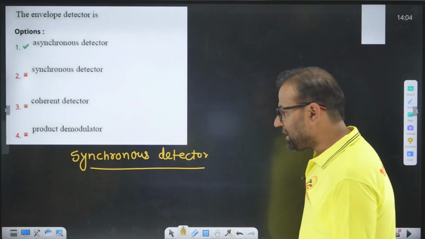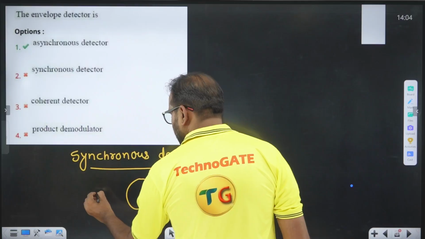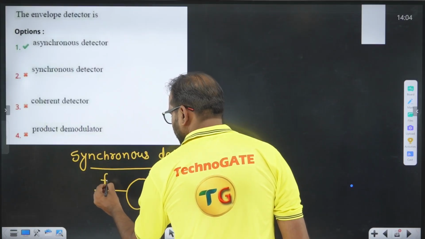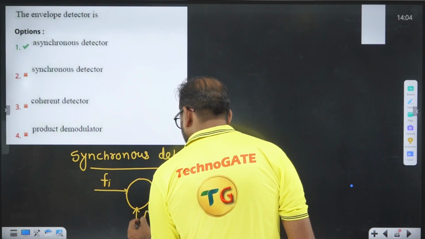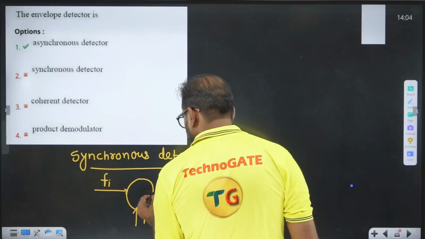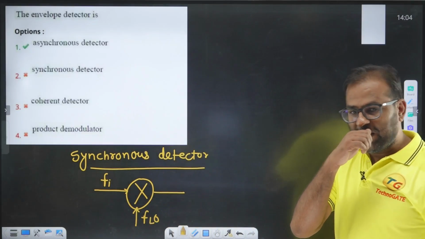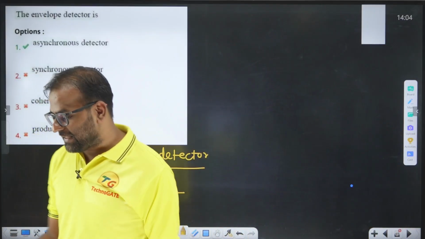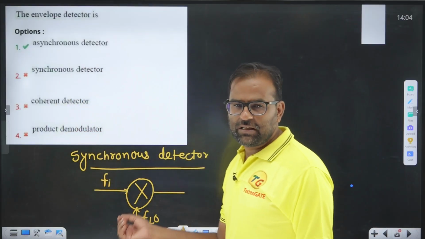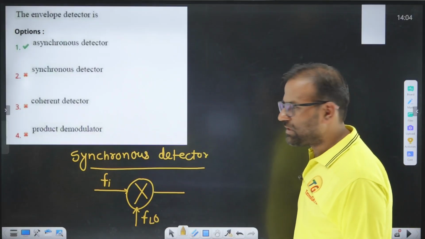What is a synchronous detector? That category of detector in which the incoming signal and a local oscillator signal have zero phase shift. These two frequencies are equal. When the frequency of the modulated signal and the frequency of the local oscillator are the same, then you can say this is a synchronous detector, and it creates a problem. This is the hypothetical concept.